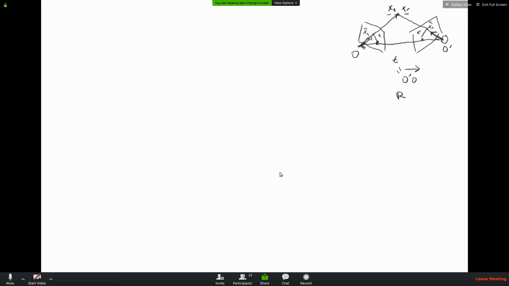XR should be equal to XL minus T, right? Because I have XL here, maybe I'll use another color, this is XL here, equal to XR minus T. So XR is basically equal to this minus T plus XL, right?